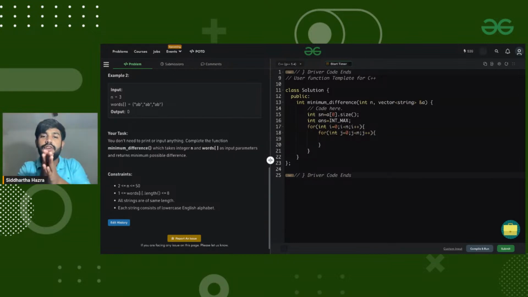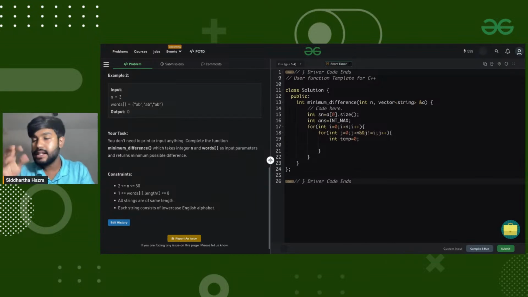Like I'm comparing me with me, so the difference between me and me is 0. That would be my answer. That is why I would say j is not equal to i itself. I would initialize int temp equals 0. This would be my temporary answer for the number of operations required for i and j.